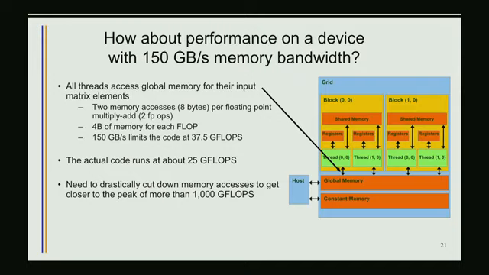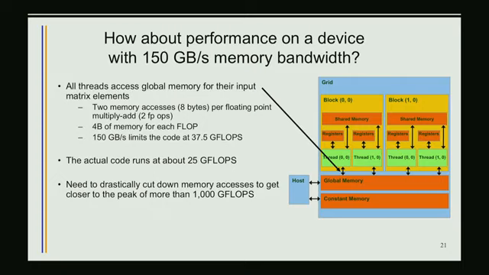If we go through all the arithmetic around this, 150 gigabytes and two memory accesses per two floating point operations, the actual code will run at 25 gigaflops. 25 giga floating point operations per second. That's just counting the multiplies and the adds. We're not going to count the loads. They're not doing any work.